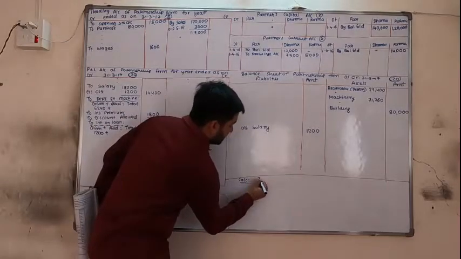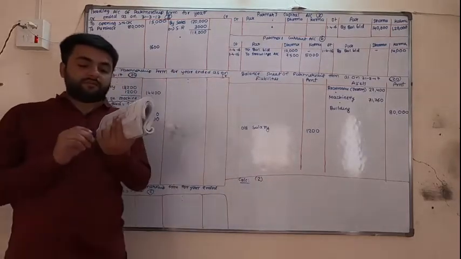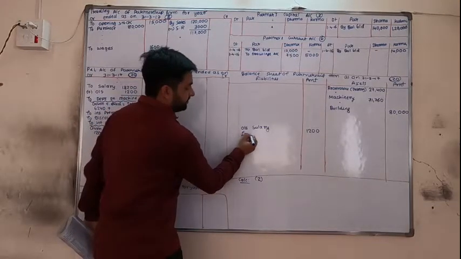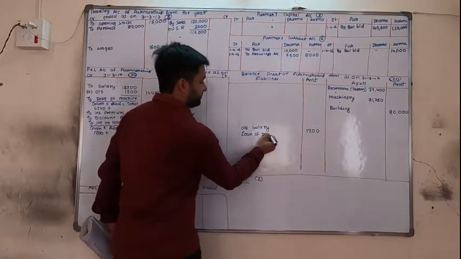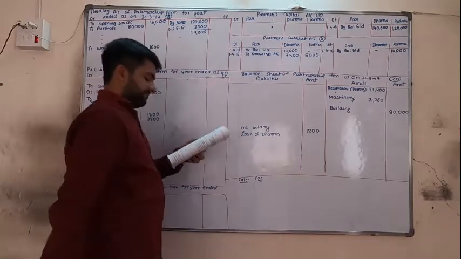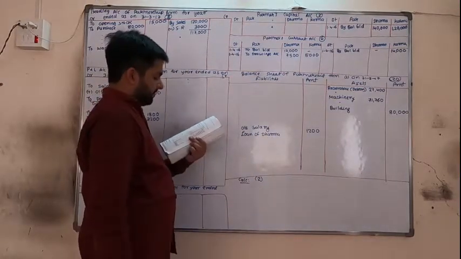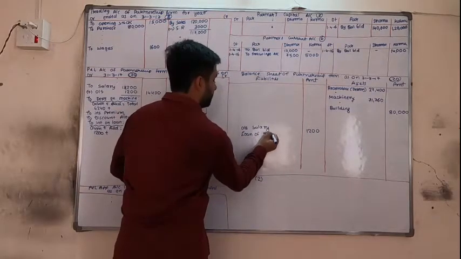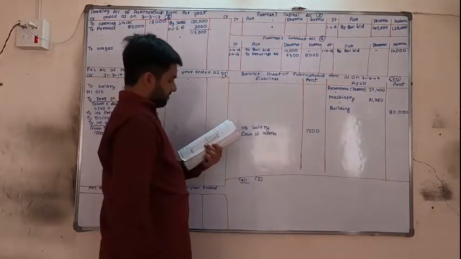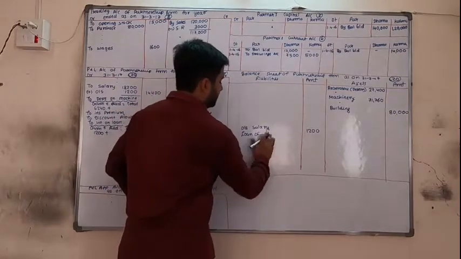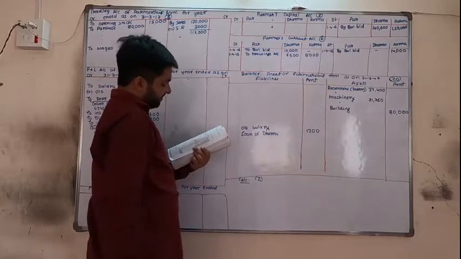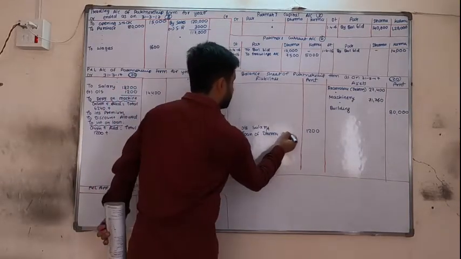So in calculation number 2, for interest on loan, first we need to write the loan. Loan of Therma. Sorry, it is Therma only, it was by mistake. Loan of Therma 30,000.